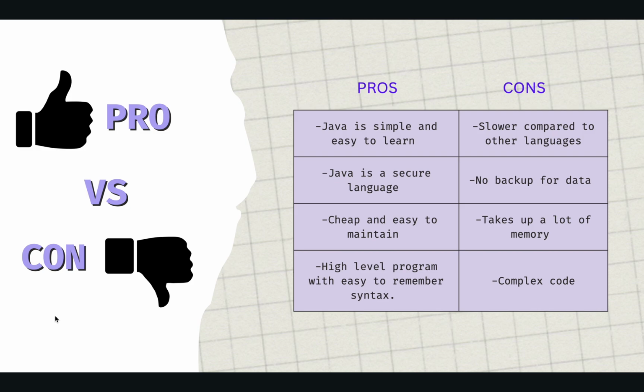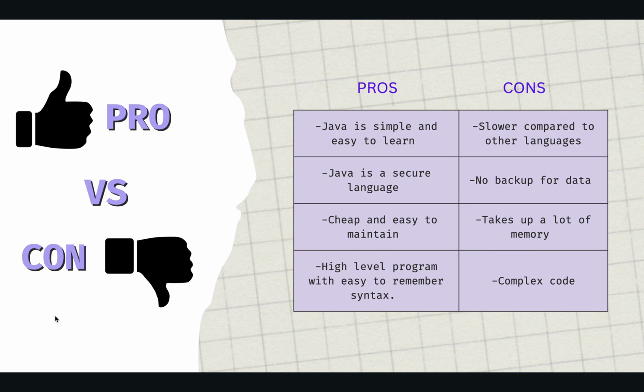It's really easy for information to get lost and it takes up a lot of memory and it's really complex code. Like to perform something very simple, it requires a lot more coding than it would if we were to do it in a different language.